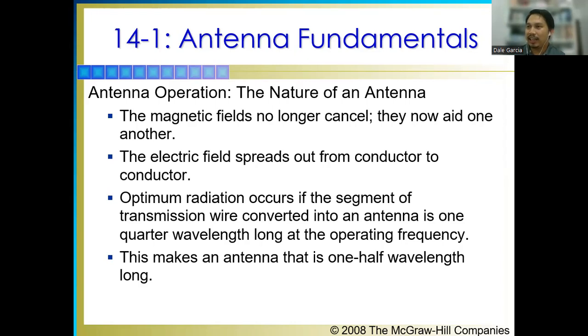For a radio station, we look at its station ID, for example 91.9, which we know is 91.9 megahertz. So we compute its wavelength, then divide by 2 and divide by 4.